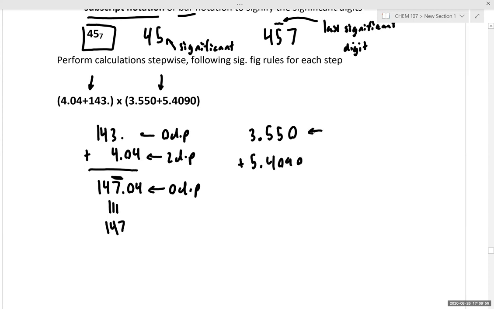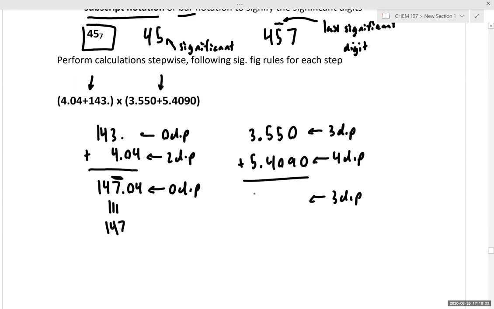5.4090. Since we're dealing with an addition operation, we care about decimal places. Our top number has 3 decimal places. Our bottom number has 4. So then our final answer should have 3 decimal places. So punching this into our calculator, we have 3.550 plus 5.4090.